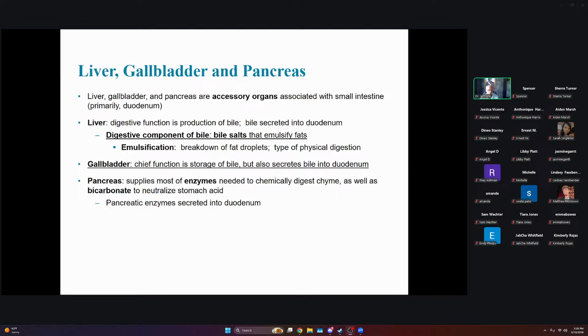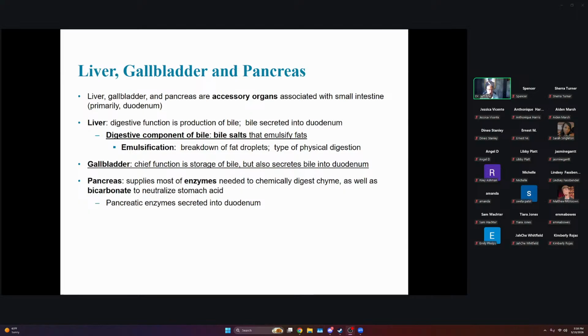The liver produces bile. It can deliver bile direct to the duodenum to start physically digesting fats. And at the same time, if it's producing more than is required, it'll send that bile to the gallbladder to be a temporary storage location in case there's ever a shortage coming up.